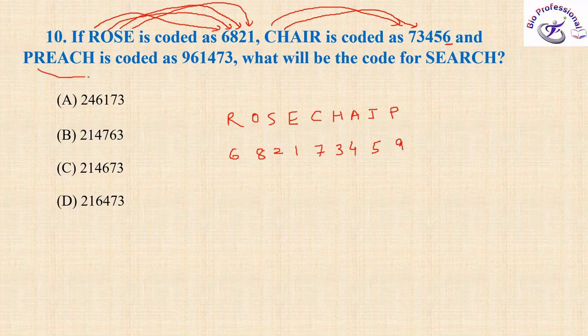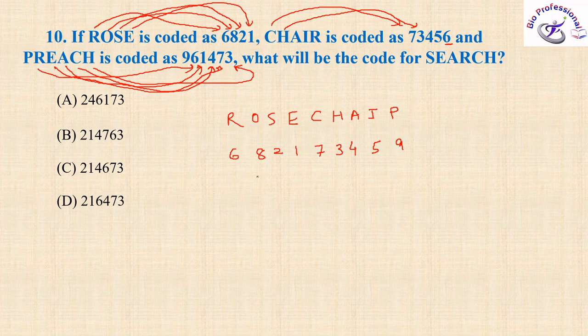Let me check now. R is again 6, it is there. E is 1, it is also there. A is 4, it is there. Then C is 7, and H is 3, it is also there, right?